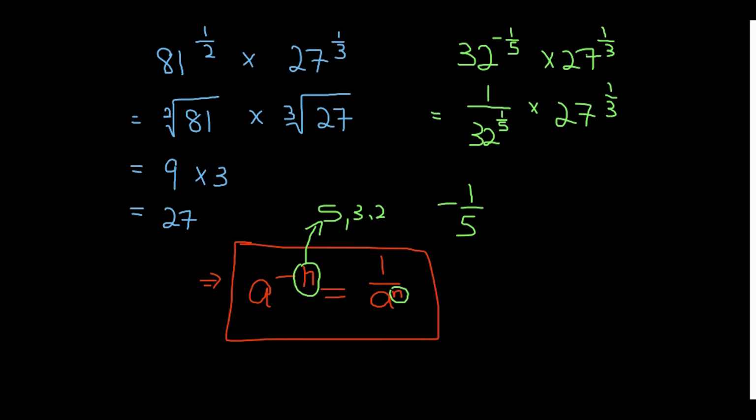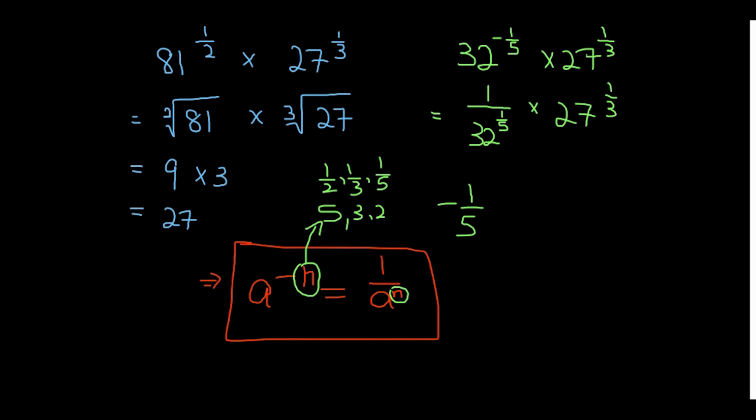It could be rationals. It could be a half. It could be 1/3. It could be like what we have right now, 1/5. So the point that I'm trying to get across here is that when you're dealing with indices, indices don't only come in integer form where you're just dealing with a negative number or positive number. You could be dealing with negative rationals, and you need to know how to deal with them.